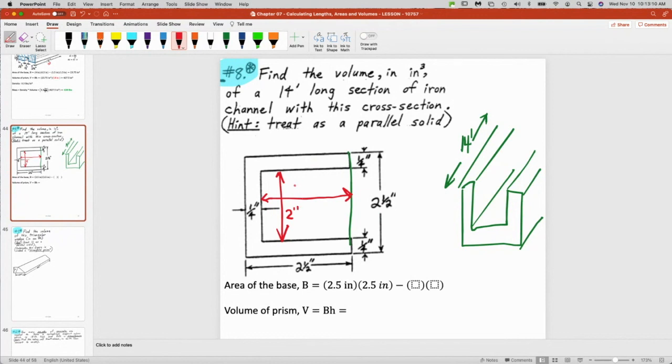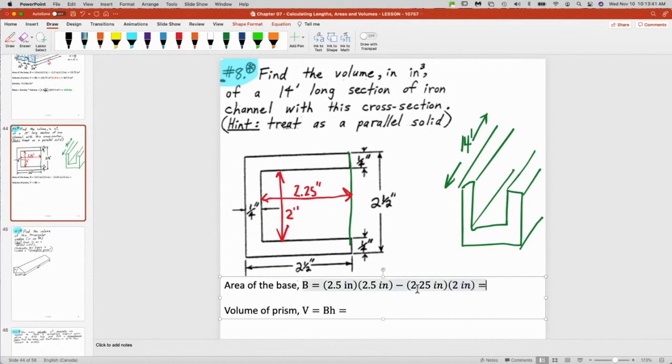I think it's going to be 2.25 inches, because you're taking 2.5 and you're taking away a quarter. So can someone confirm that in the chat? They agree with that? Thank you. Anybody have that calculation done already?